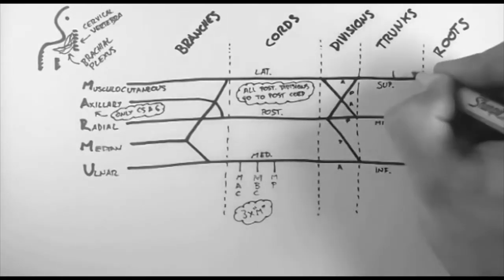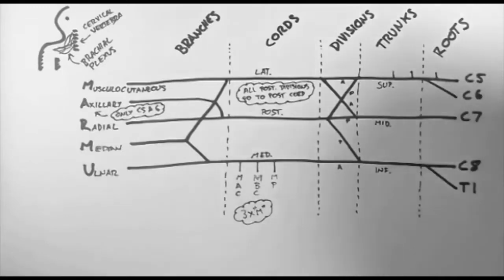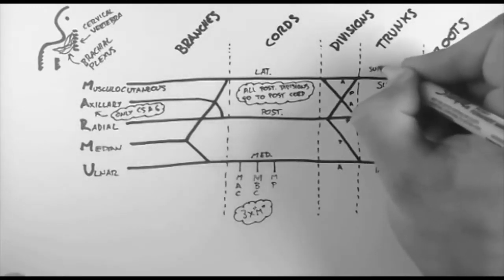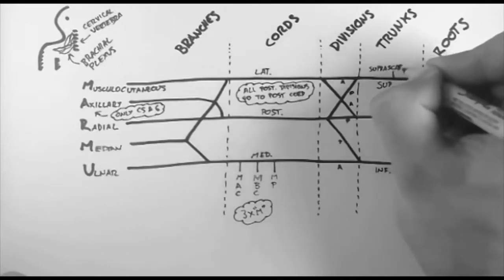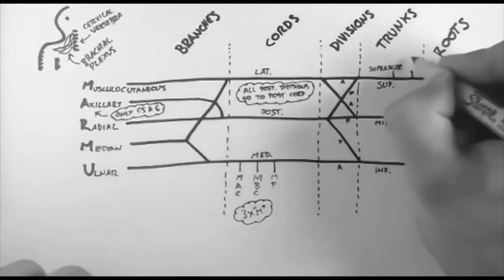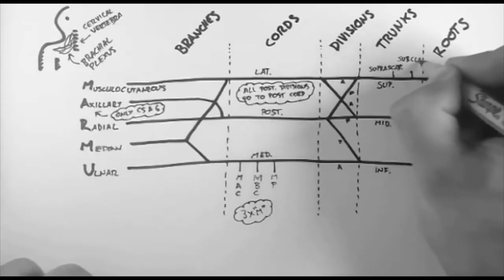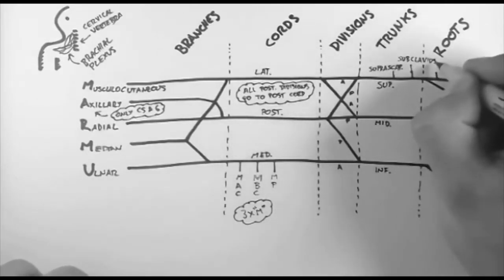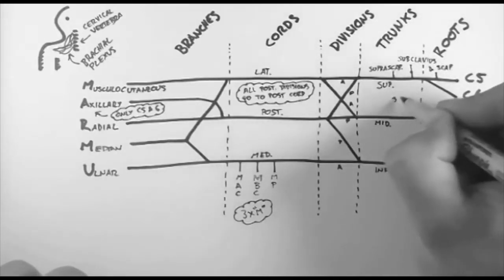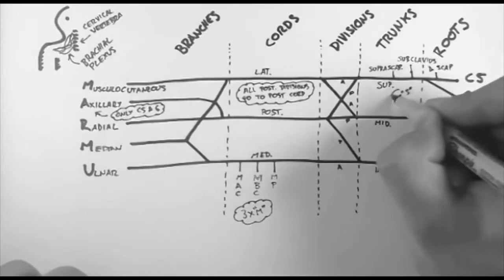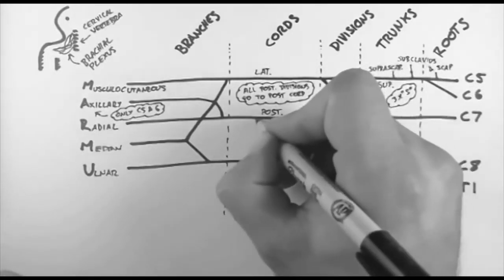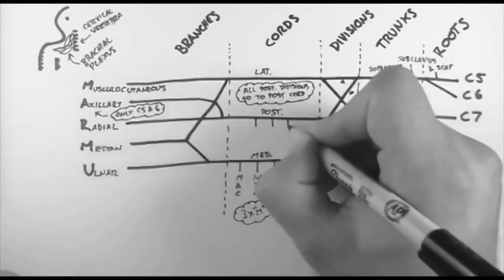Now up here there are another three nerves, and the first is the suprascapular, the next is subclavius, and the third is the dorsal scapula. So I think of these as the three S's, where the dorsal scapula is another S, S for scapula.